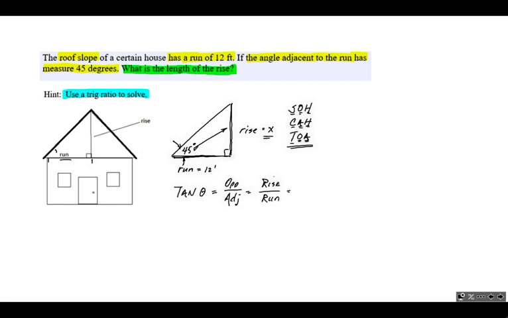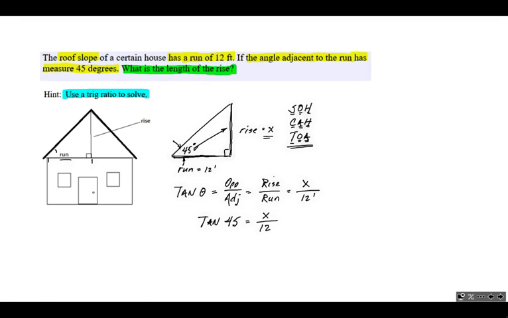And we also know that the rise is our unknown, x, and our run is 12 feet. We also know that theta, our angle, is 45. So we can rewrite this now, simplify this, and say that the tangent of 45 is equal to x over 12.